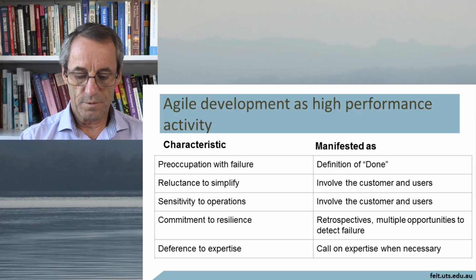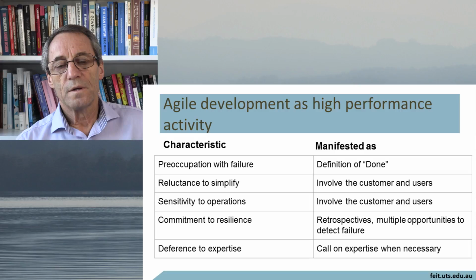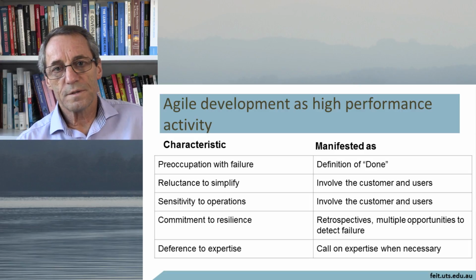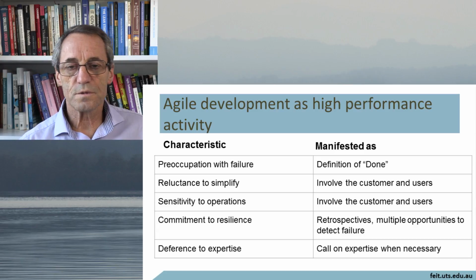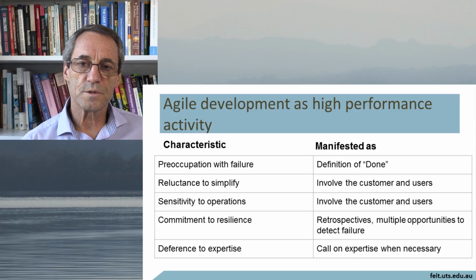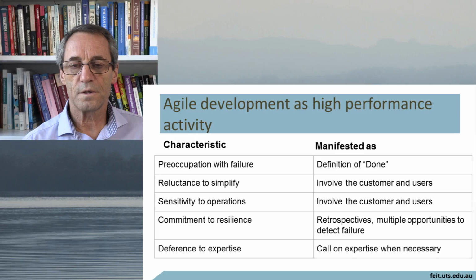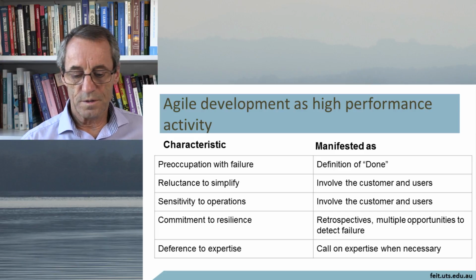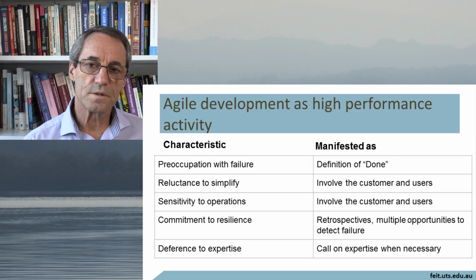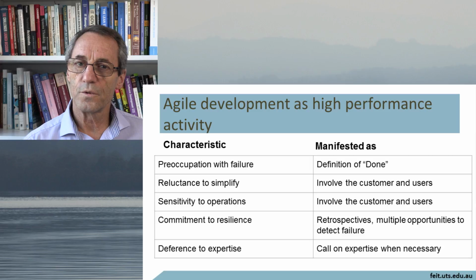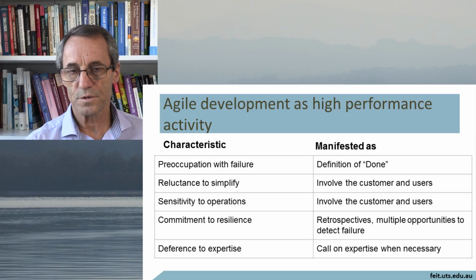The reluctance to simplify. Now, in agile software development, that would seem to come through incorporation or close working between the development team and the customer and the end user, if the customer and the end user are different. Similarly, sensitivity to operations is something that would seem to come through frequent close involvement of the customer and the user.